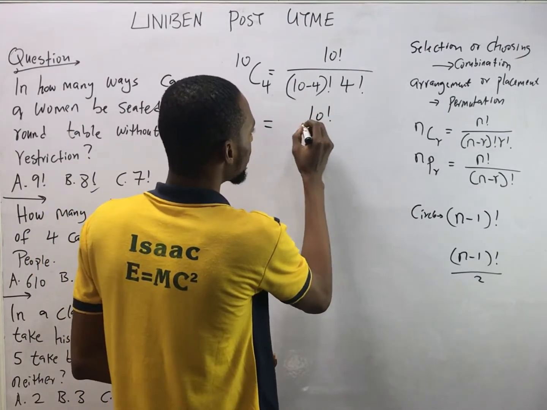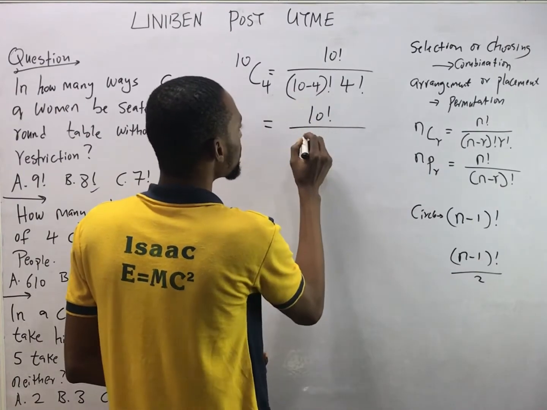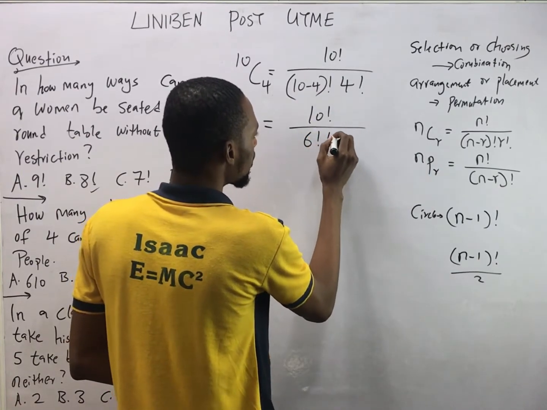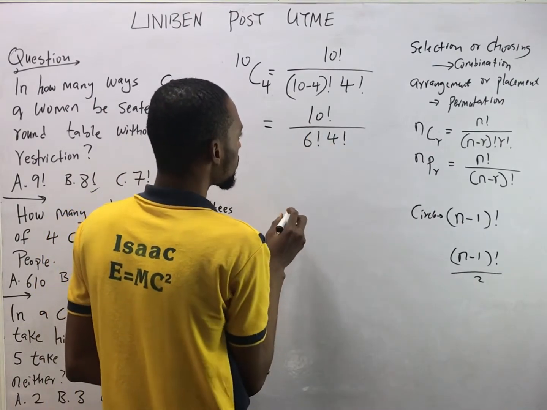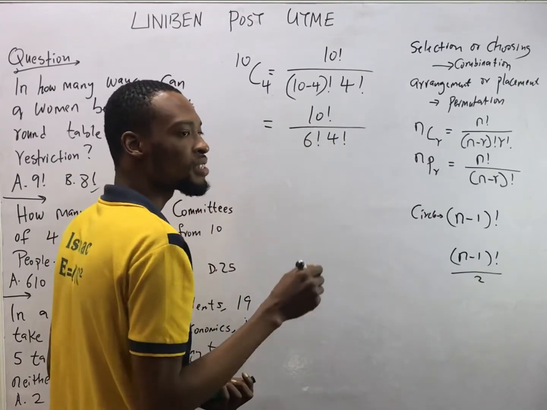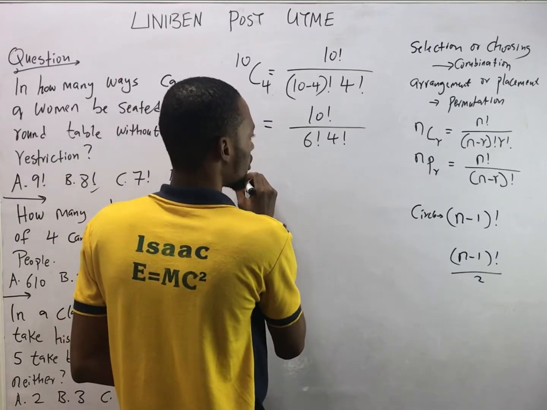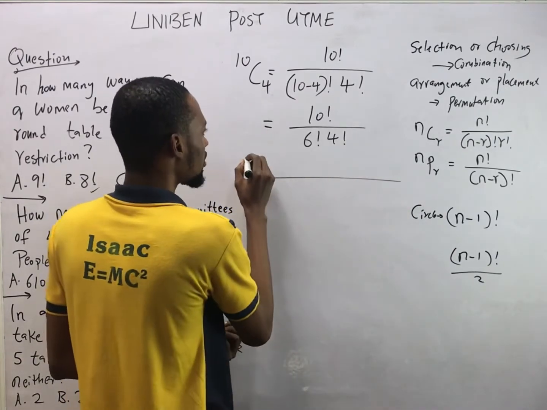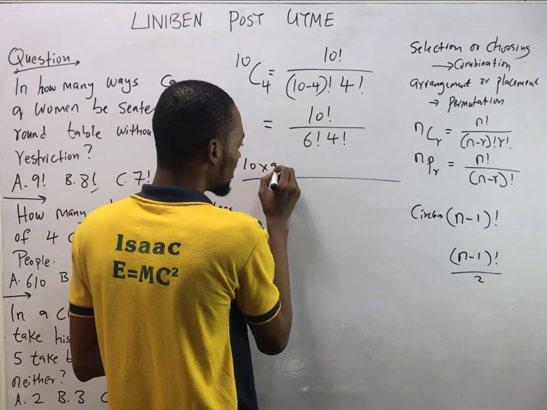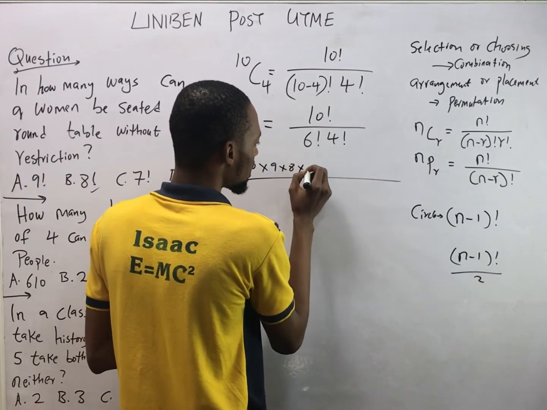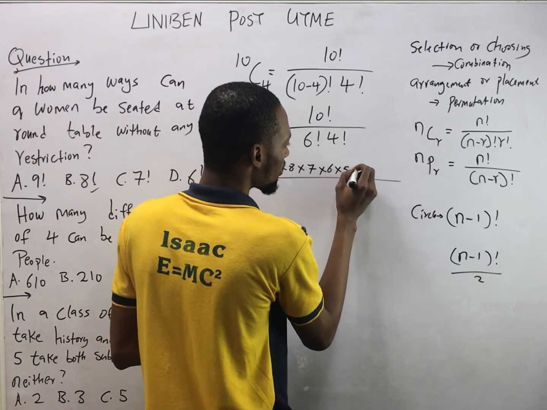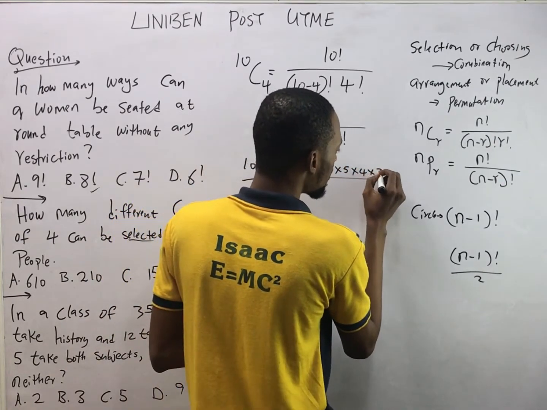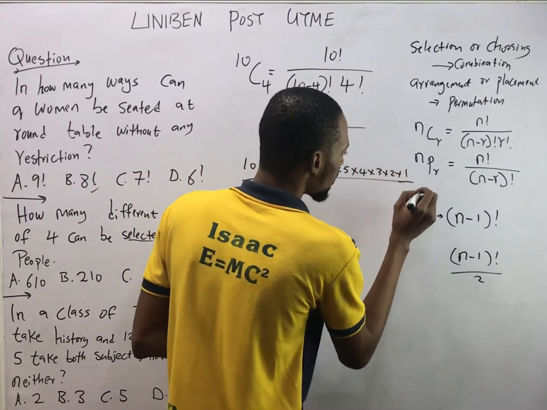So we simplify now. So this equals 10 factorial over 10 minus 4, which is 6. So 6 factorial, 4 factorial. And 10 factorial is, okay, let me break it down: 10 times 9 times 8 times 7 times 6 times 5 times 4 times 3 times 2 times 1.